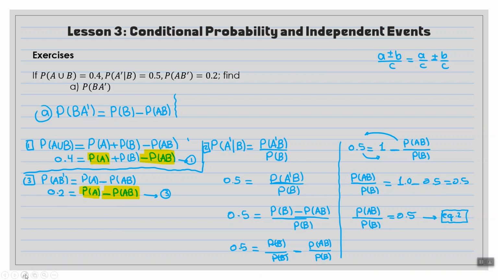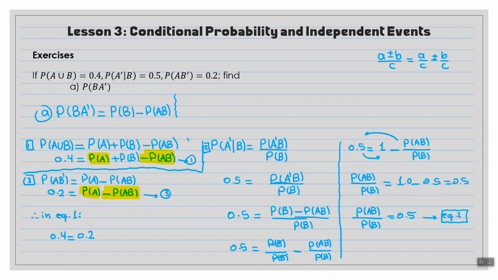How is that? Look, so I can say therefore, in equation 1, that 0.4 is equal to, I will replace both of these guys by 0.2 because the probability of A minus the probability of AB is 0.2.